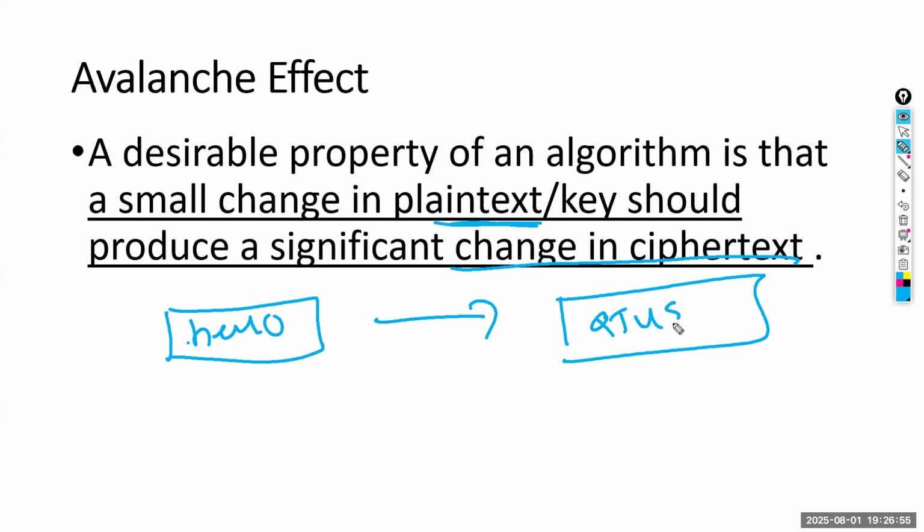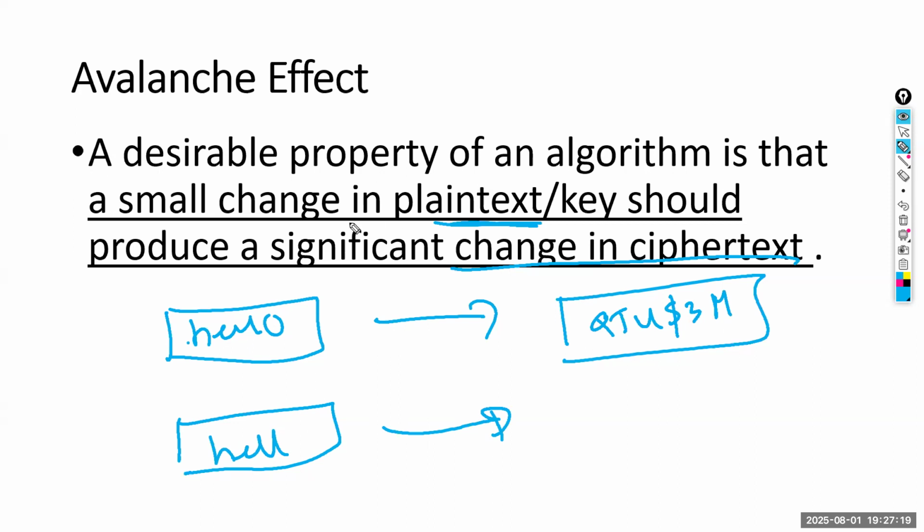QTU $3 M. Okay. Now let's assume this is done by your encryption system using a key or something. Now let's see, the next day your message is hell. Just the O is missing.